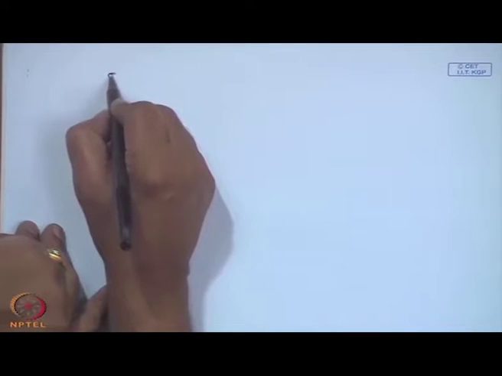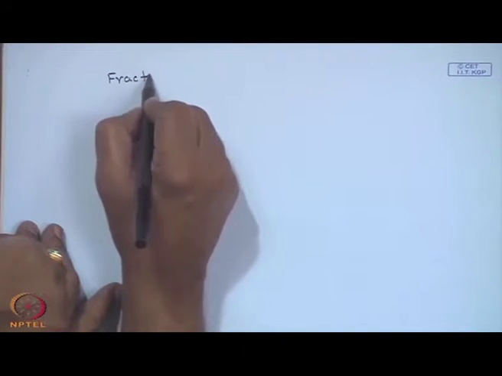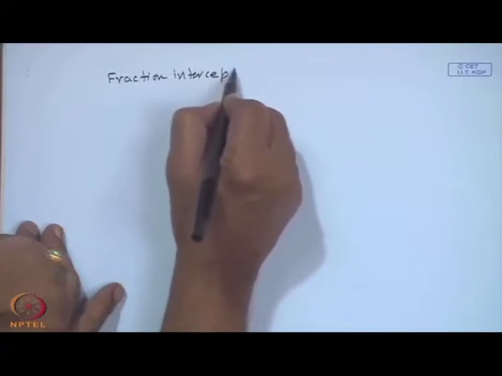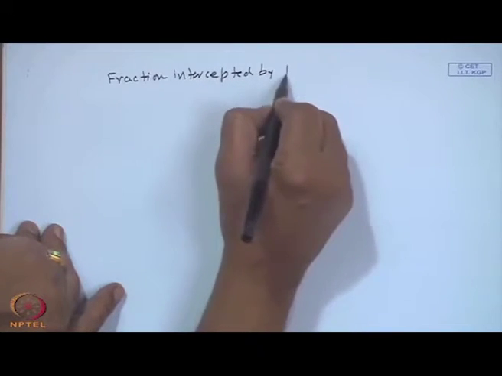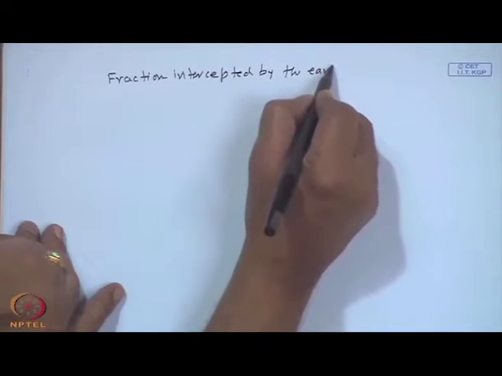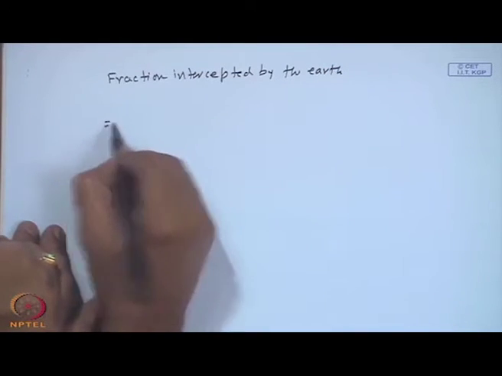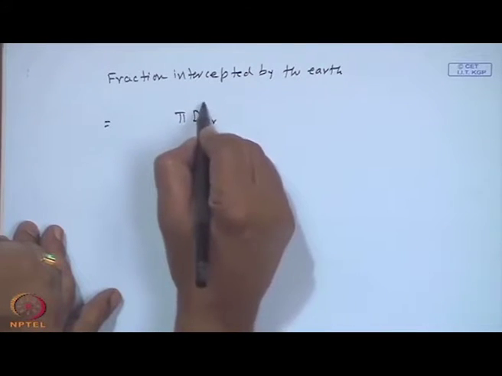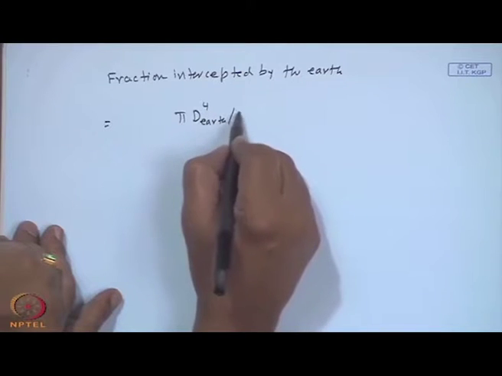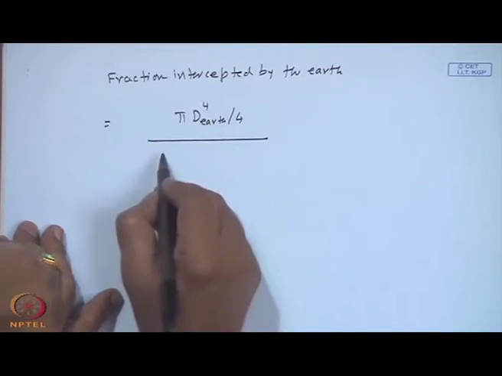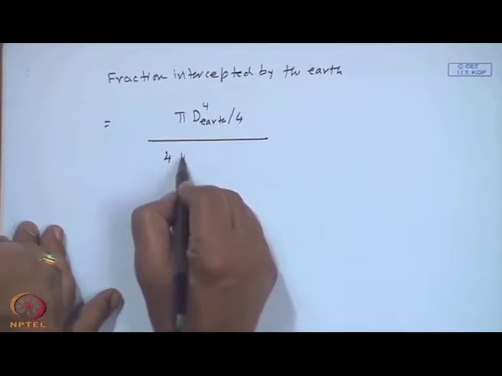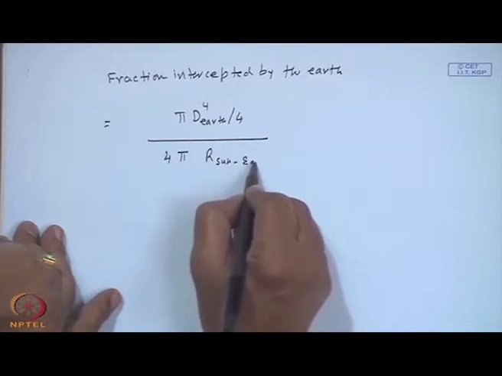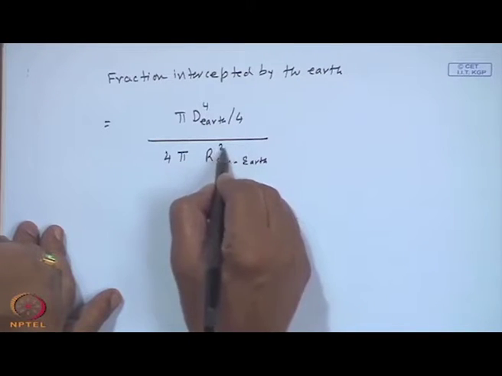Fraction intercepted by the earth should be equal to pi d earth squared by 4, divided by 4 pi r sun-earth squared.